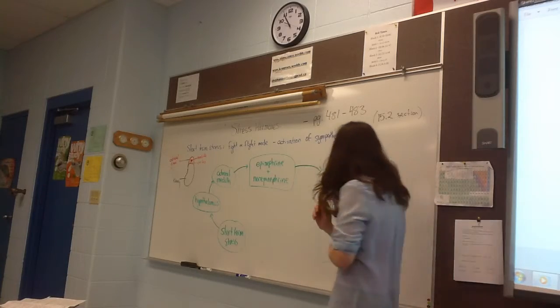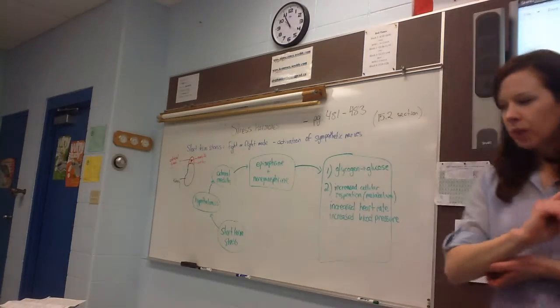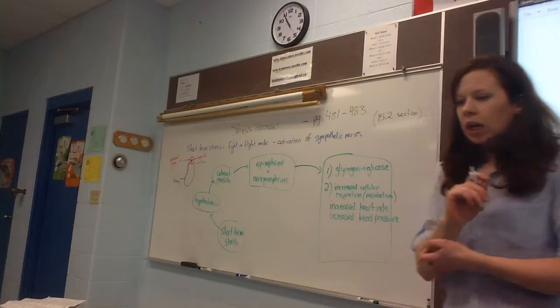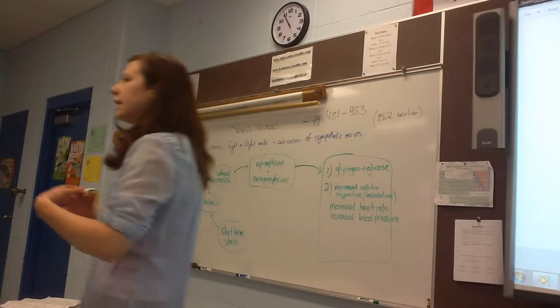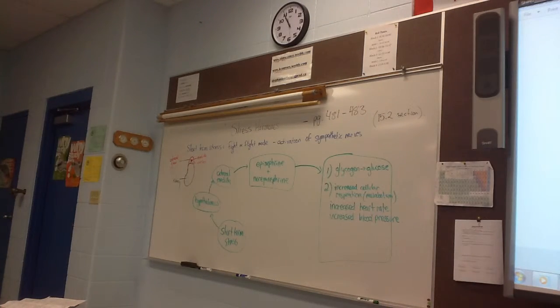Increased blood pressure. Okay. So if you need increased cellular respiration, that means you need more glucose available. We already dealt with the glucose, but what else do you need for cellular respiration? What's another ingredient?